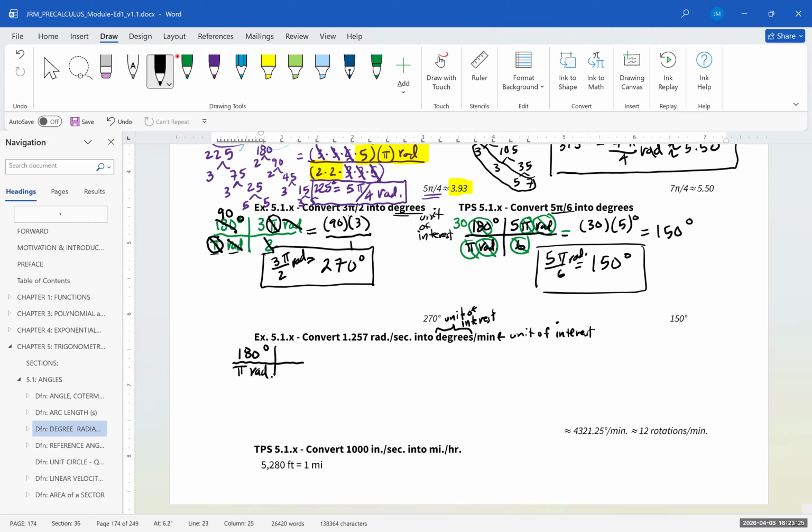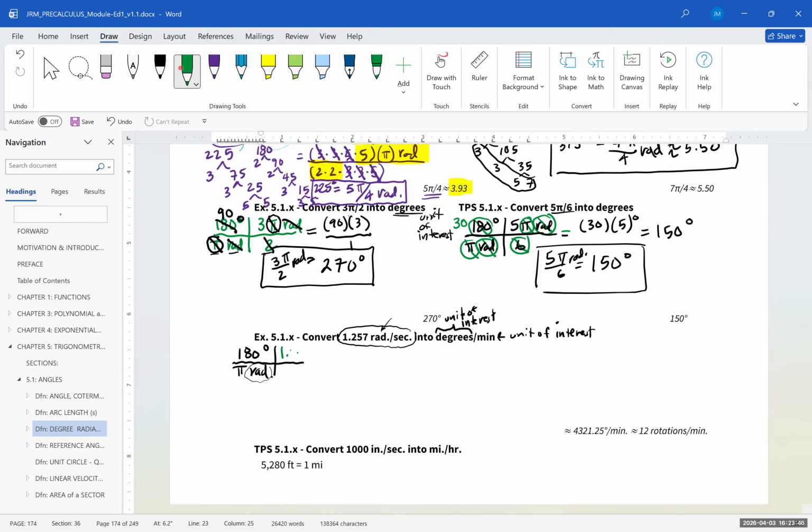Okay, what do we have at our disposal that we could use to cancel radians in the denominator? Well, we have this given information here, and it has that unit of radians in it. So let's go ahead and use that.